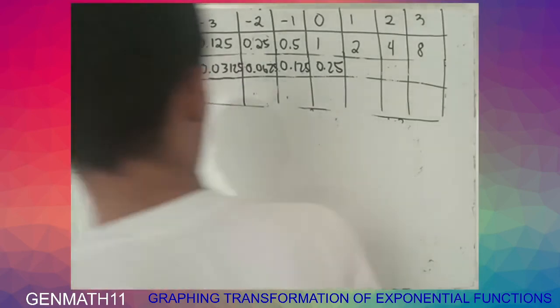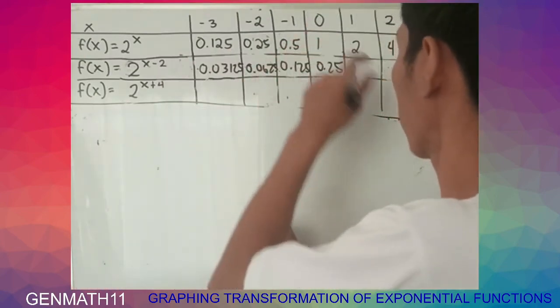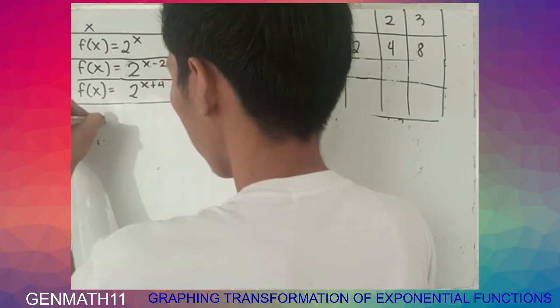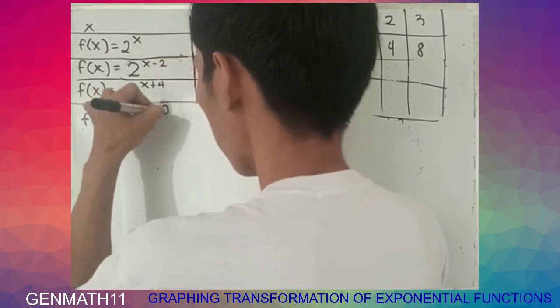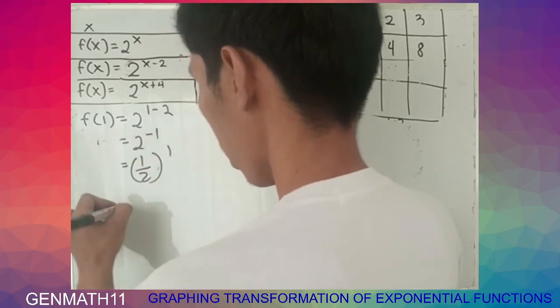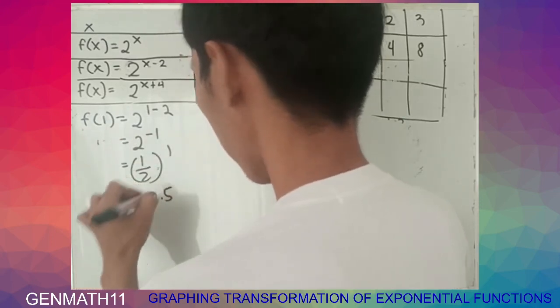Okay, next. Ano nga yung kanina? Okay, 1 naman tayo. 1 minus 2, 2 raised to negative 1 power, magiging 1 half raised to 1, then magiging 0.5.